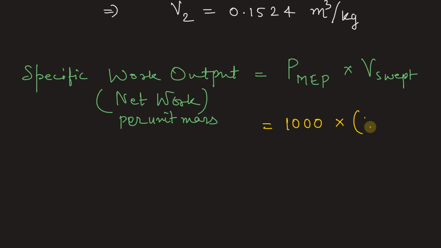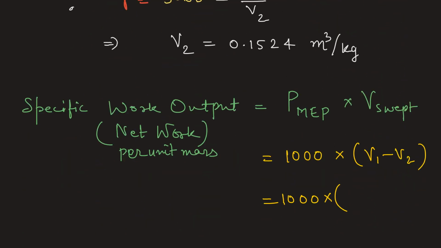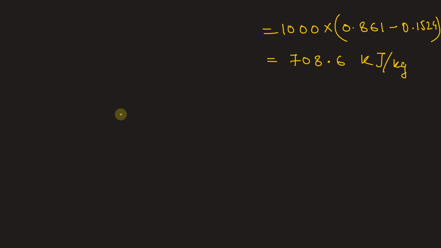Swept volume is V1 minus V2, and this will be 1000 multiplied by 0.861 minus 0.1524, and this will come out to be 708.6 kilojoule per kg.